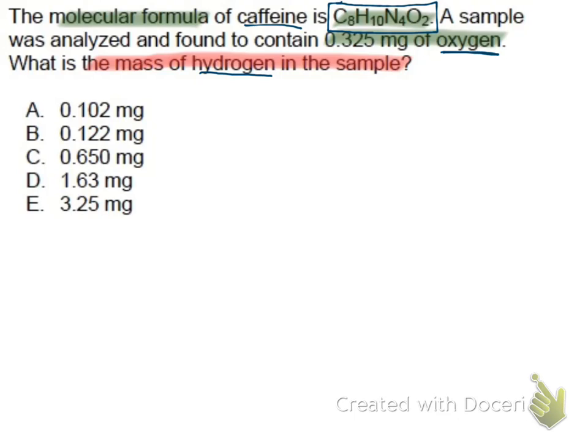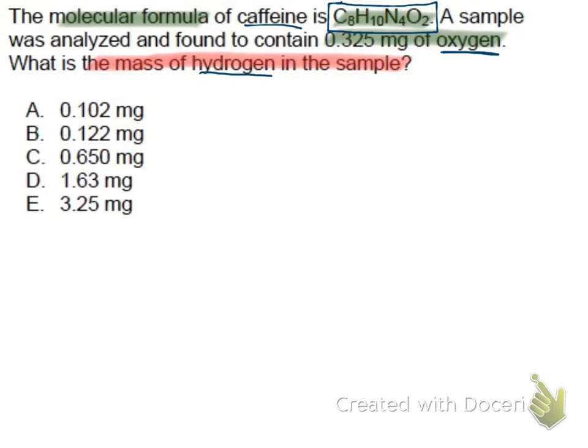And so what we're going to do here is create a long mathematical problem where we use the chemical formula to provide a series of conversions in order to move from how much oxygen we have to how much hydrogen we have.